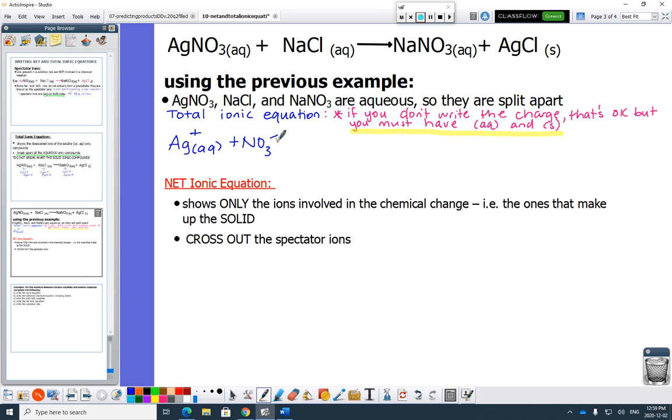Nitrate is on the back of the periodic table. You could just go look up its charge, but it's okay if you don't. Sodium and chloride are aqueous. Those ones you could count their column on the periodic table.